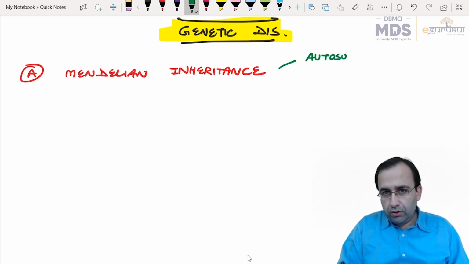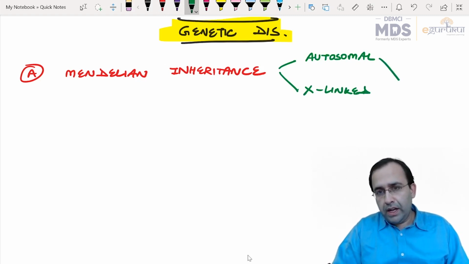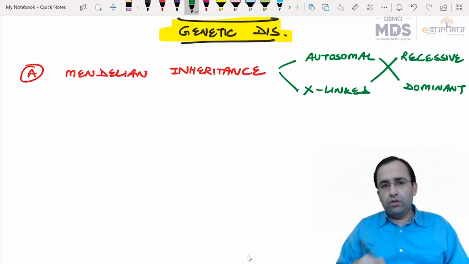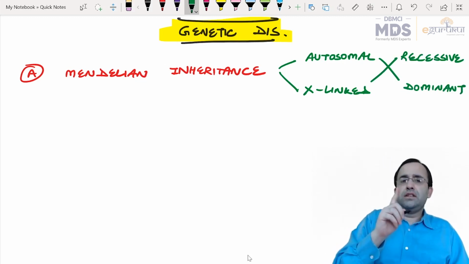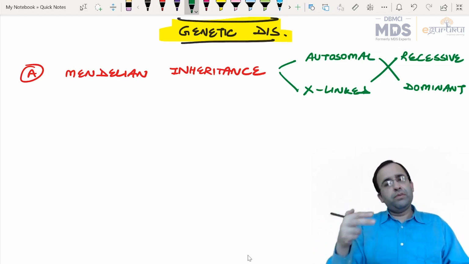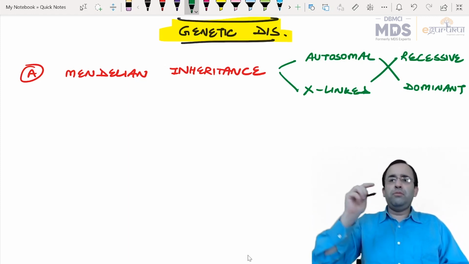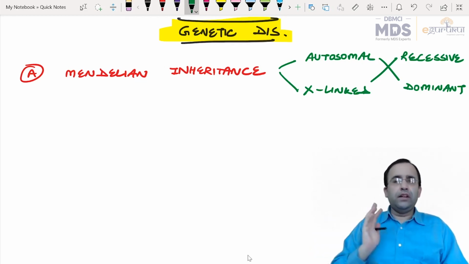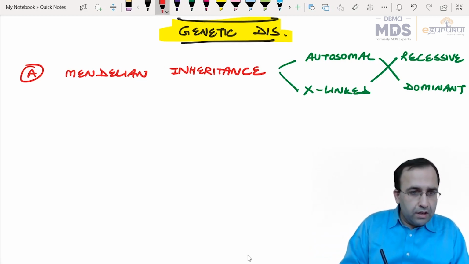Both autosomal and X-linked can further be either recessive or dominant in nature. So first category of genetic diseases is Mendelian inheritance. तो चार टाइप हो गए: autosomal recessive, autosomal dominant, X-linked recessive, X-linked dominant.